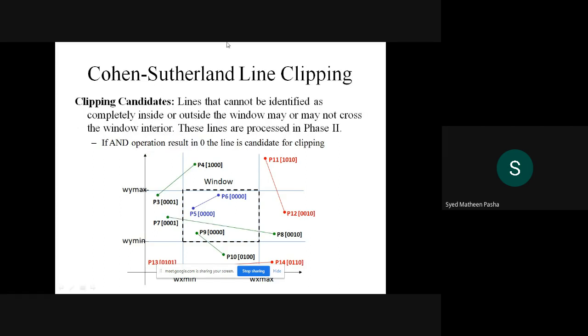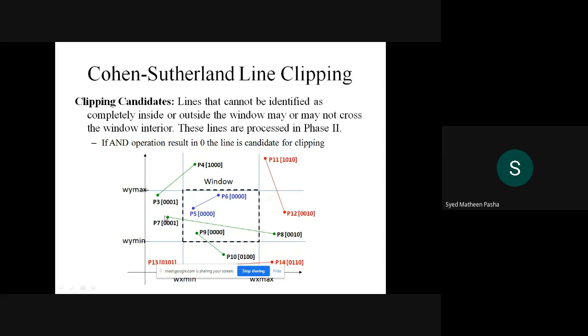Then how clipping candidates are defined, in green color here. Lines that cannot be identified as completely inside or outside the window may or may not cross the window interior. I can call the line P7 to P8 a clipping candidate because it satisfies both conditions: it falls inside the region as well as outside the region.